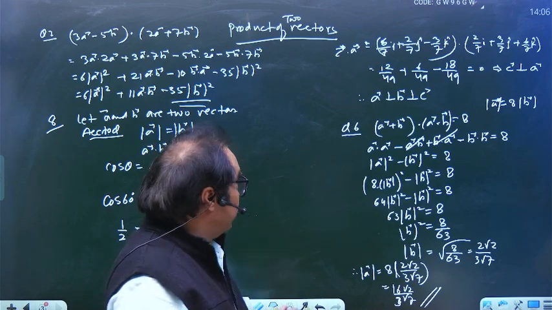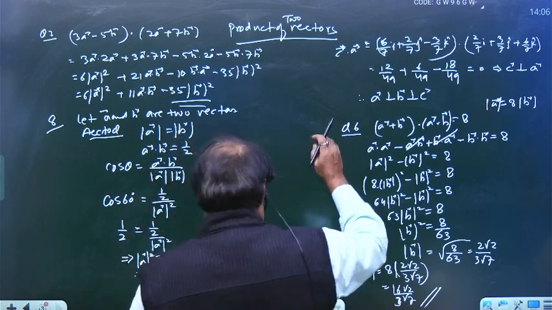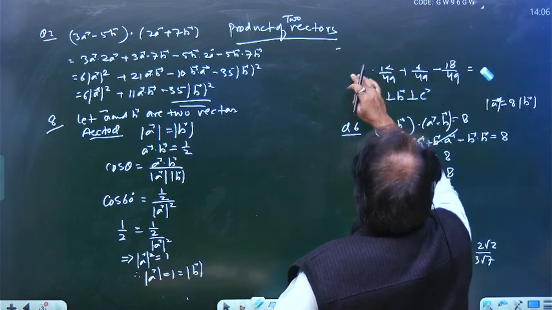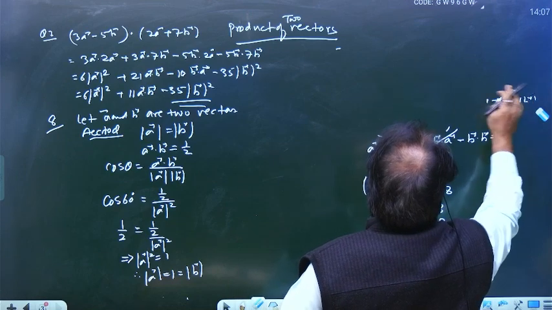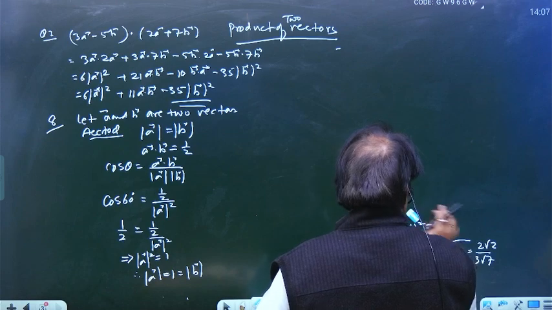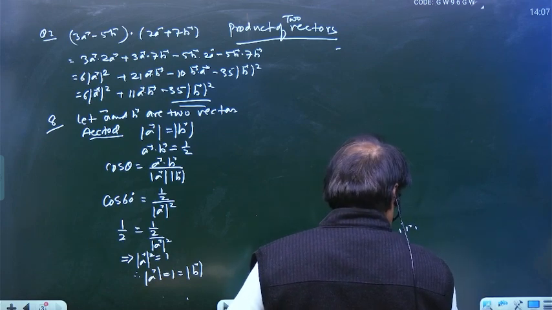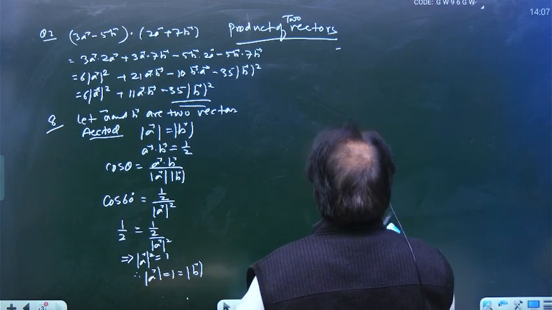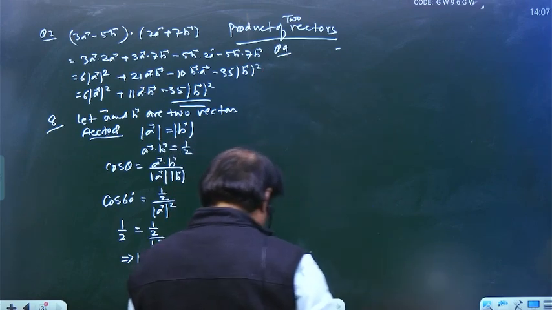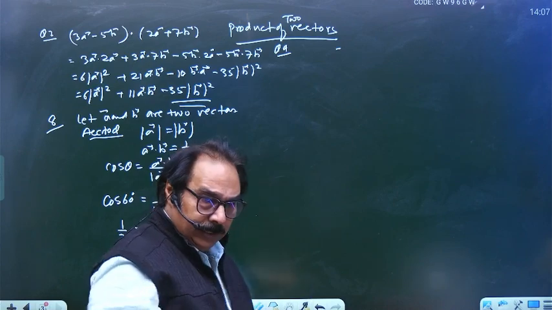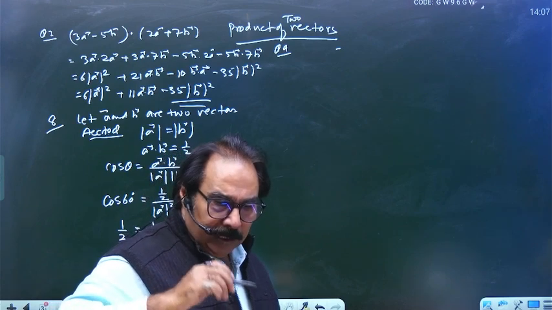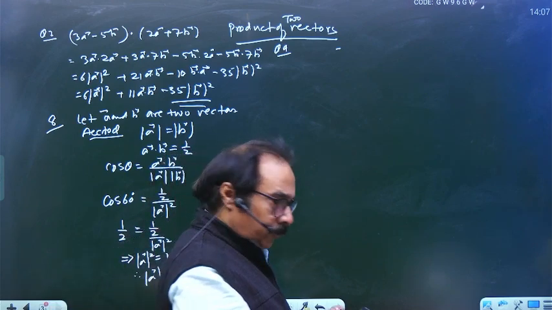Now the next question is question number 9. The ninth question says: find the magnitude of x for the unit vector a, where it is given that x minus a dot x plus a is equal to 12.